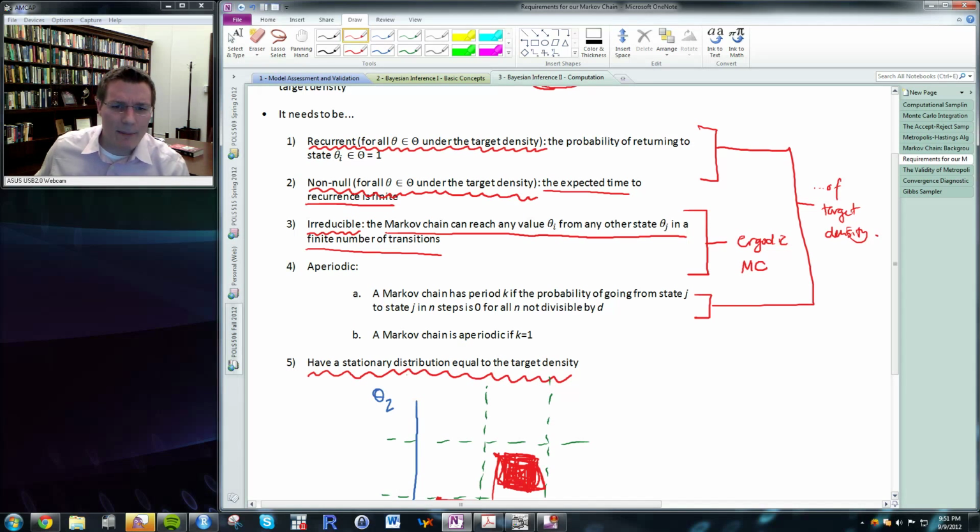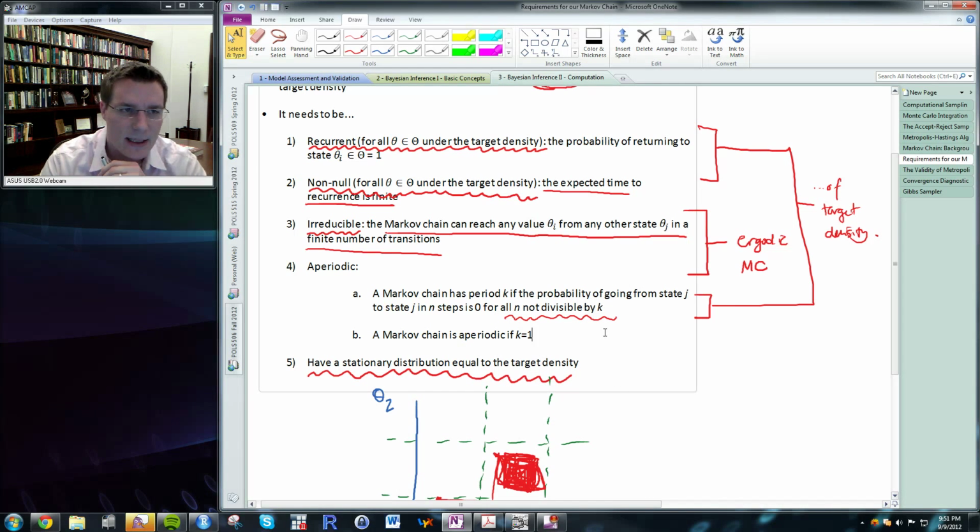So it helps to start to define what a period of a chain is. A Markov chain has period k if the probability of going from state j to state j in n steps is 0 for all n not divisible by k. There you go.